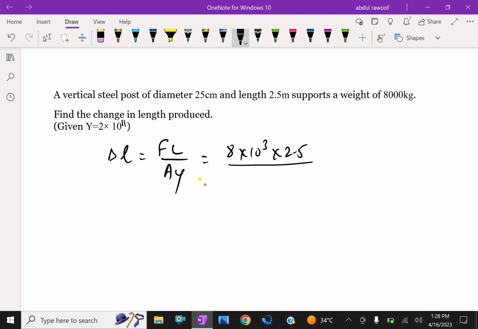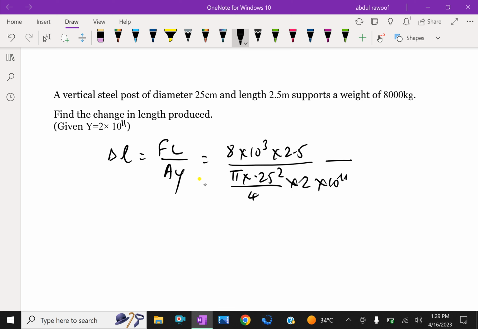A, the diameter is 25 centimeters, so A is pi d square by 4, that is pi into 0.25 square by 4, and Young's modulus is 2 into 10 power 11.